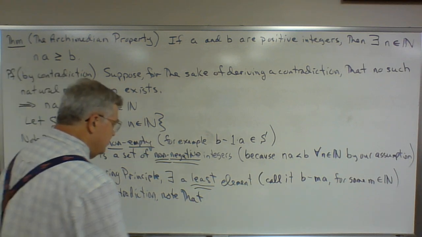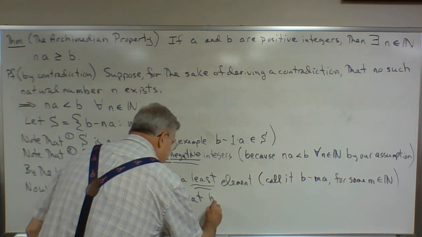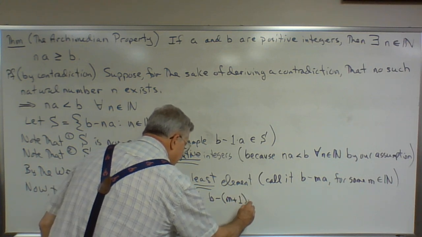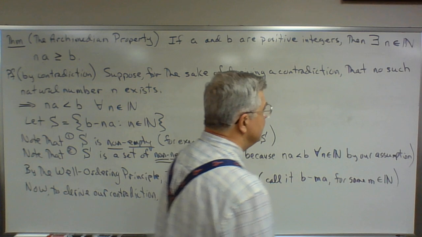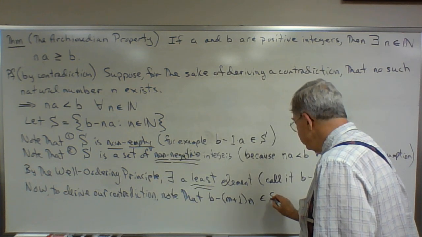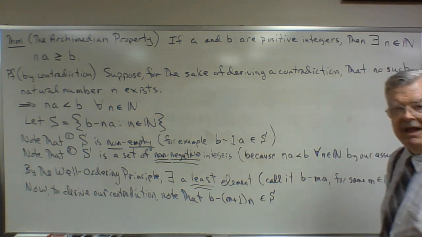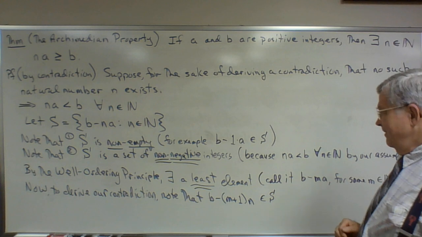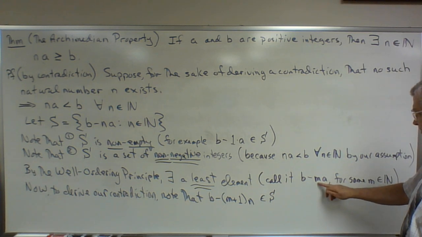And what would that element be? B minus m plus 1 times a is also an element of S. Okay. Well, let's see. Why is it an element of S? Here's our least element.